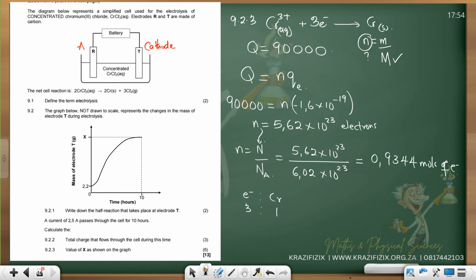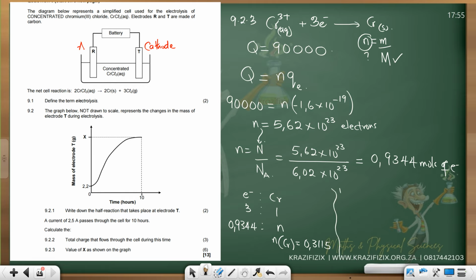So what's the number of moles of electrons that I have? 0.9344. Can we find N? Find the number of moles of chromium for me quickly. 0.3115. You sure? Because I'm trusting your answer. Cross multiply and divide. Now I have my N.